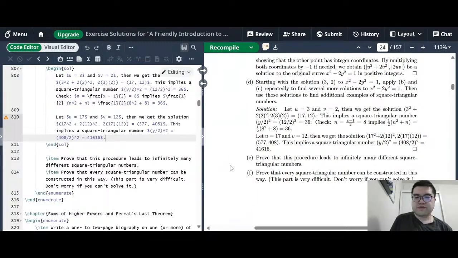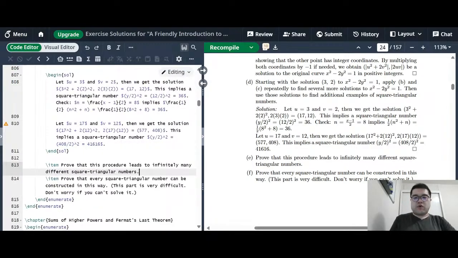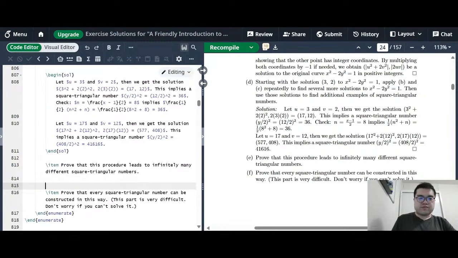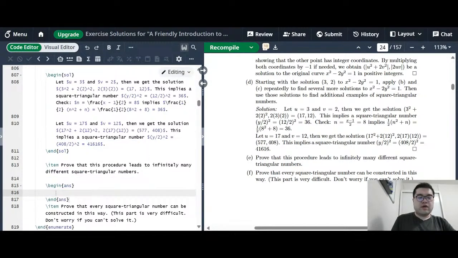Perfect. So part E, prove that this process leads to infinitely many different square triangular numbers. Well, basically, what we did is we're taking the previous one to go to the next one.